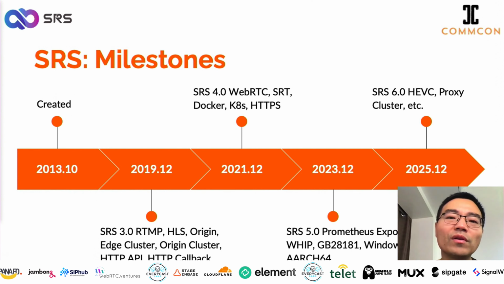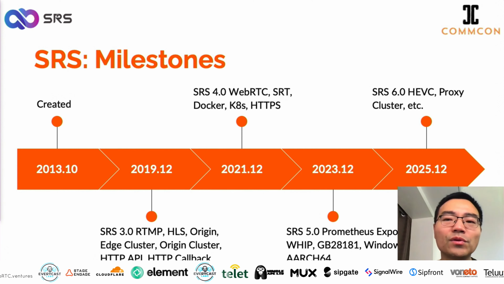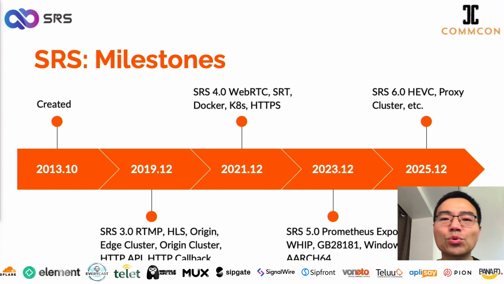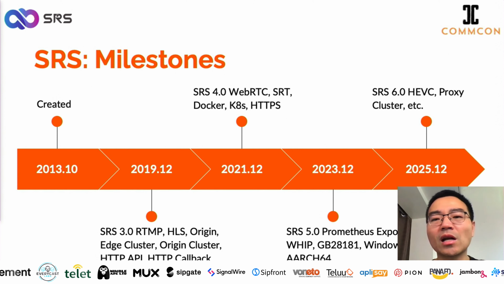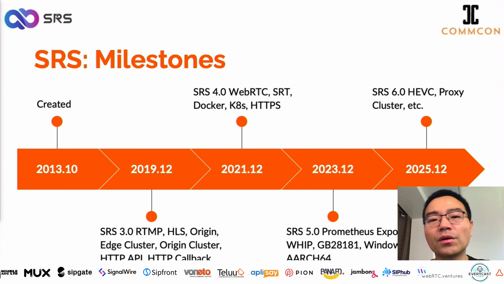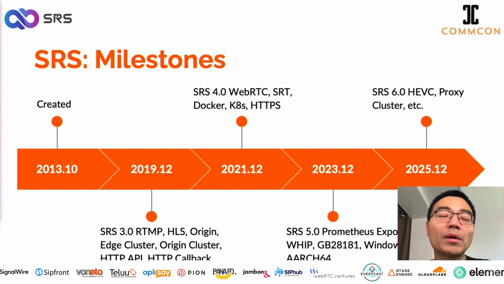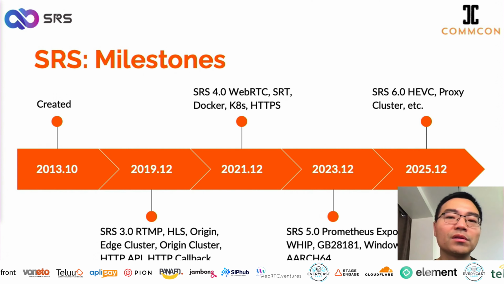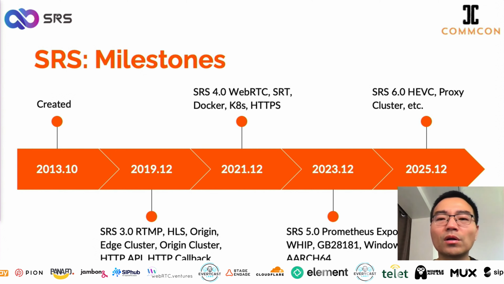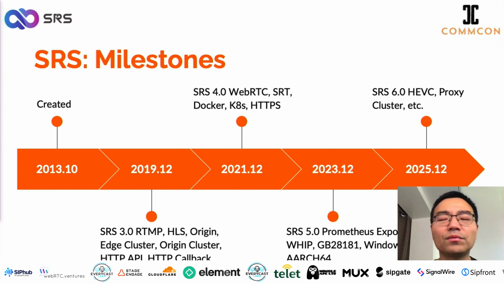We kept improving SRS, and by the time we released SRS version 3 in 2019, it supported essential live streaming features like clustering, RTMP, FLV, HLS, DVR and forward, as well as HTTP API and callback. After joining Alibaba Cloud in 2017, I worked on WebRTC service. I spent 2 years learning WebRTC.